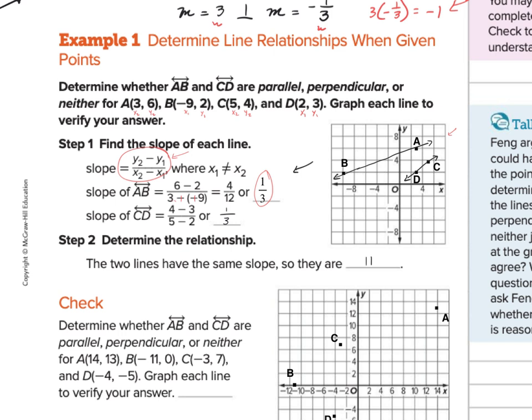Let's look at some of these points and make sure they're even right. Looks like A is 1, 2, 3, 6. B would be -9, which is actually right here. So we're a little bit off right there.